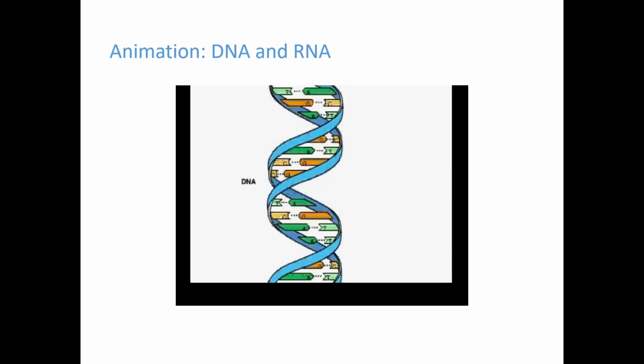An error in the sequence of the bases will alter the triplet. If the triplet's different, it may change the amino acid.